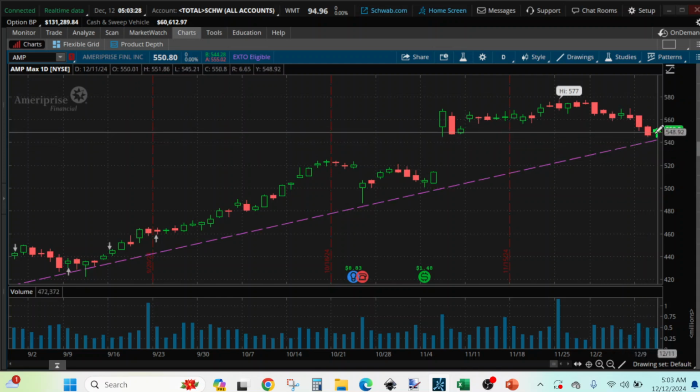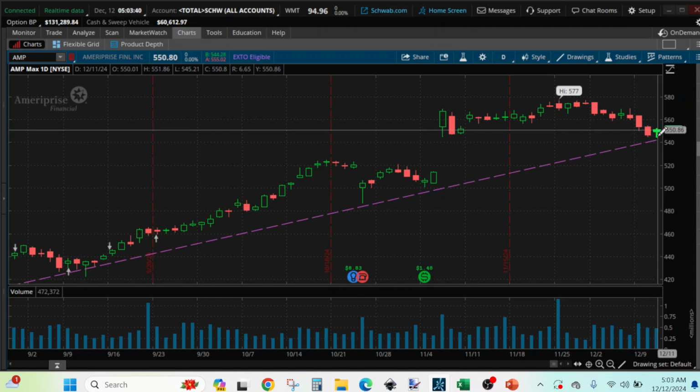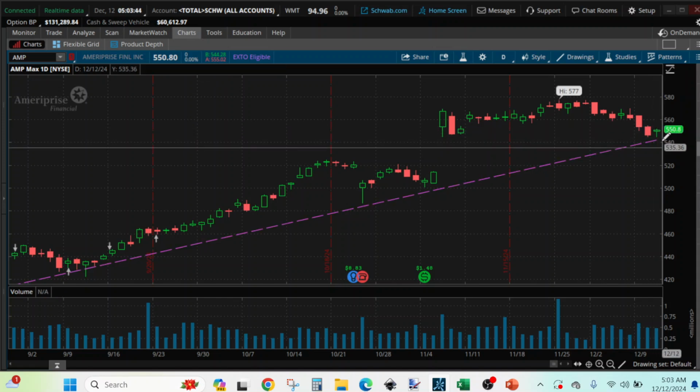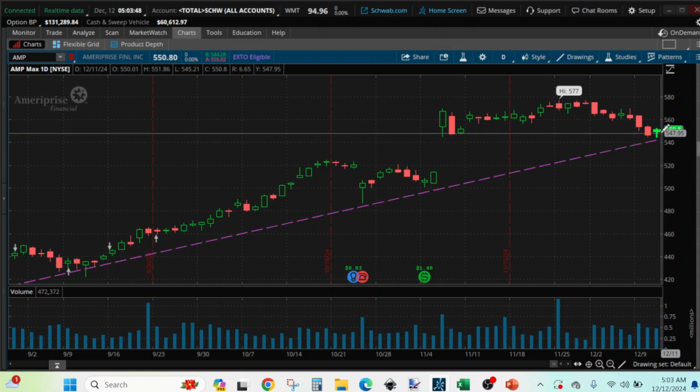So usually we buy at the first green bar, but because we didn't purchase it yesterday, it could be because yesterday that bar was red, but by the end of the day it was green. I'm not sure, but we didn't purchase it yesterday, so we can purchase it today, the second bar, and just assume the second bar is going to be a green bar.